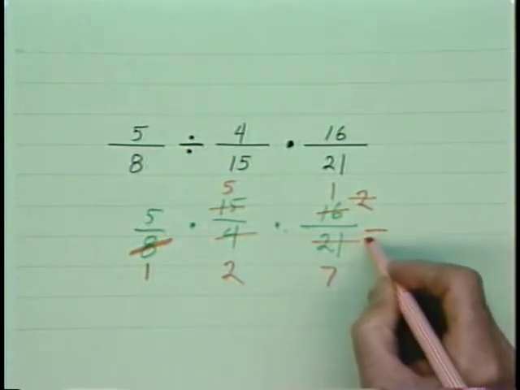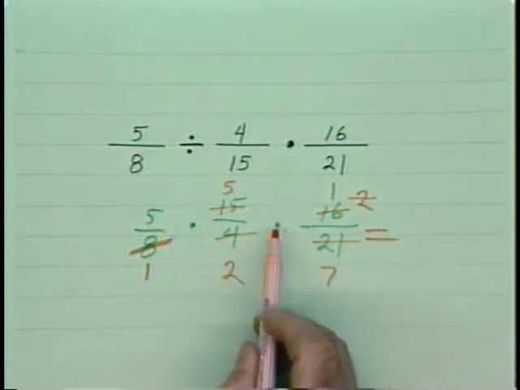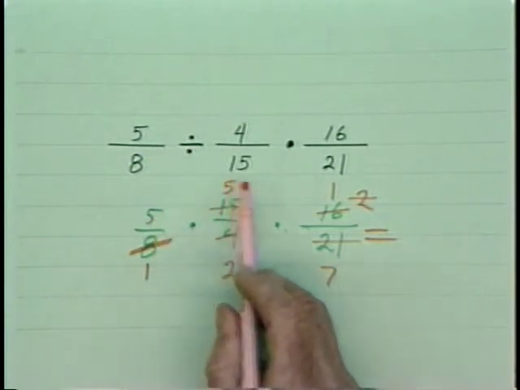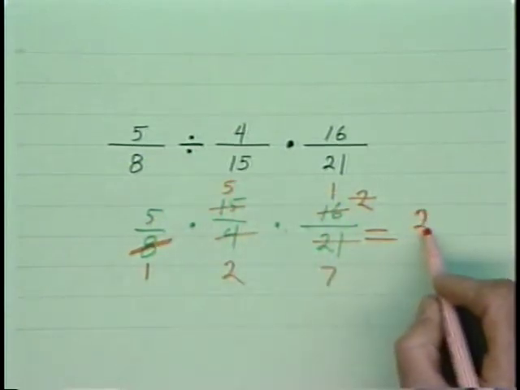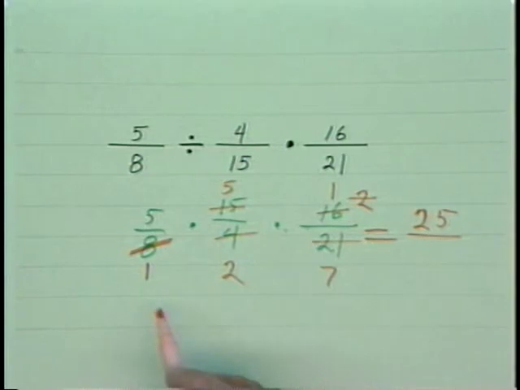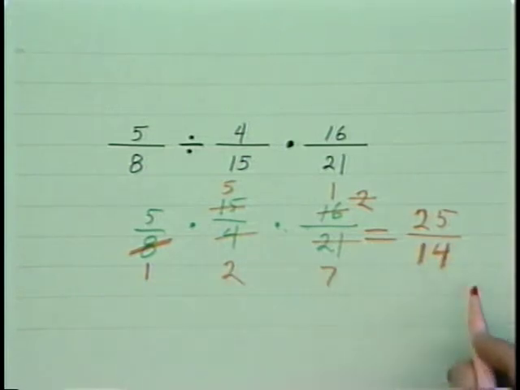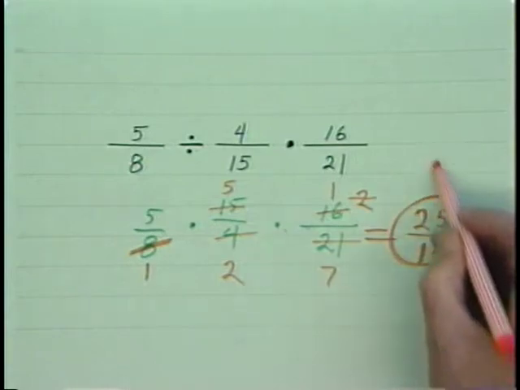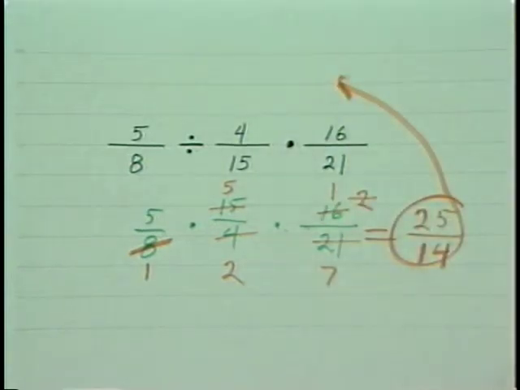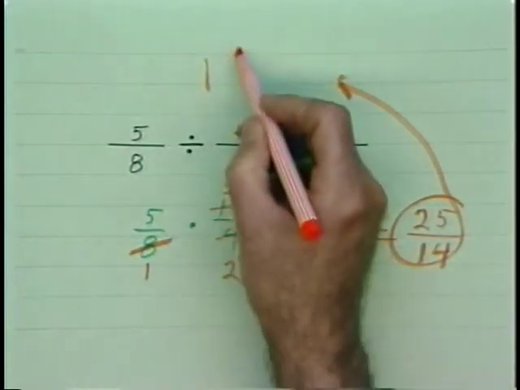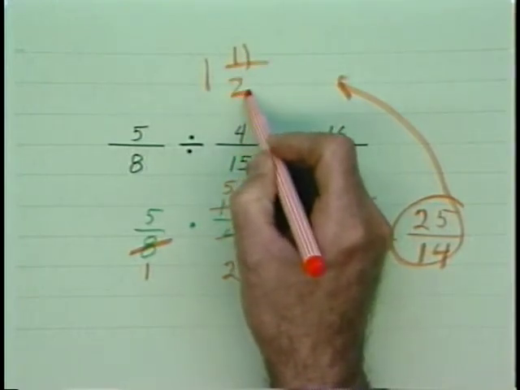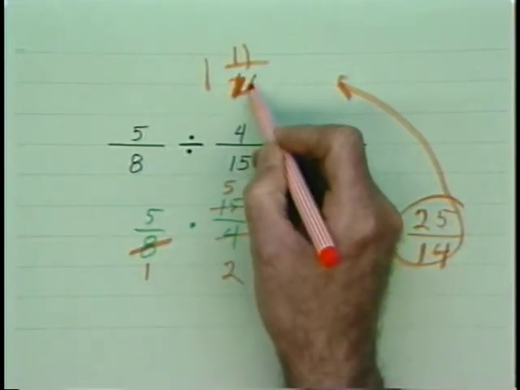So I can finish my double multiplication of 5 times 5 times 1 is 25. And on the bottom I have 1 times 2 times 7, which is 14. And of course this changes to the mixed number 1 and 11/14ths.